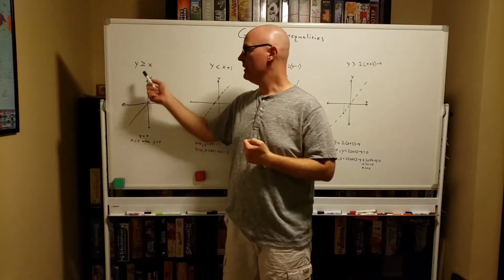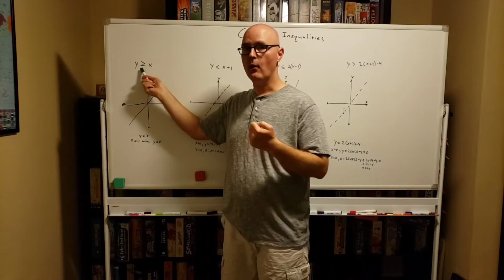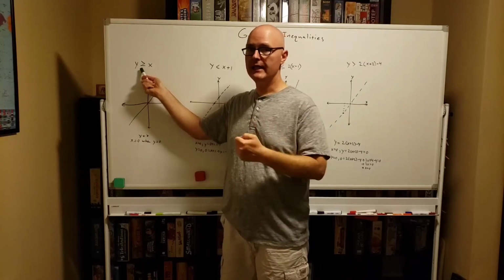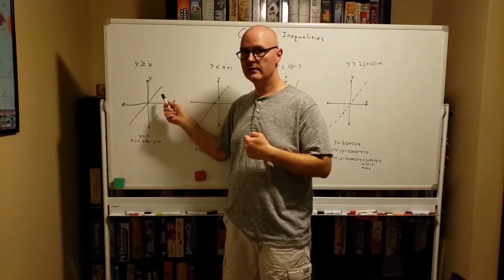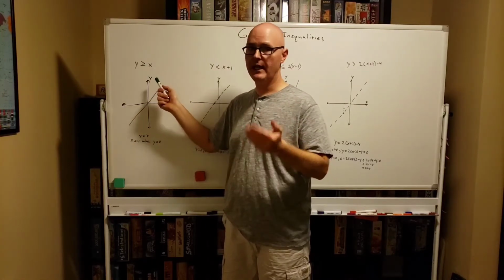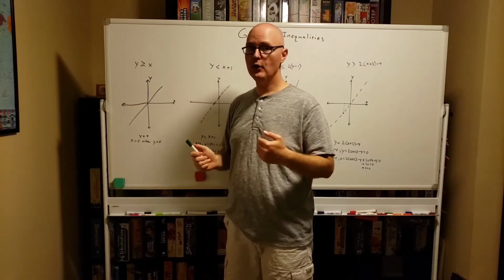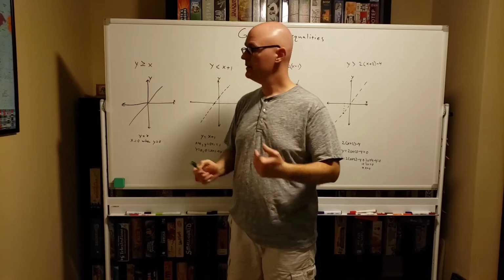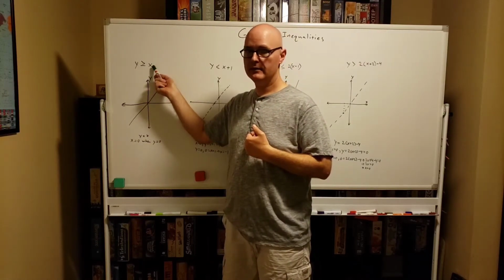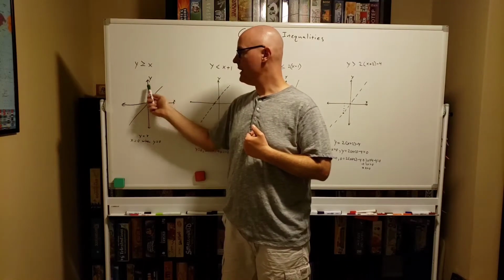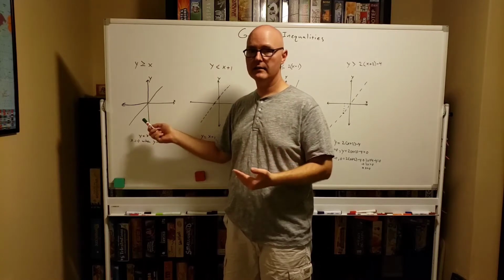So now we have to look at, can y equal x? In this case, it can. So y is greater than or equal to x. Therefore, this is going to be a solid line because y could equal x. Y may also be greater than x. So if this is the line of y equal to x, all of the values of y that are bigger than this line are also valid.